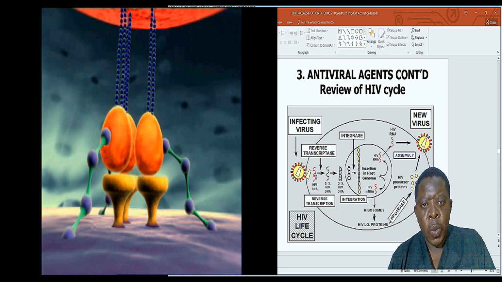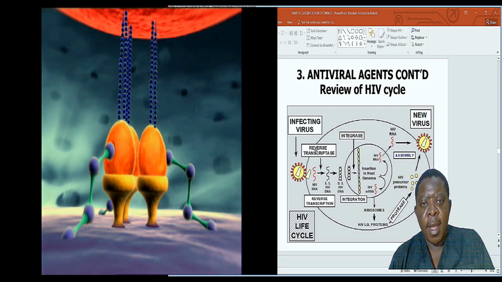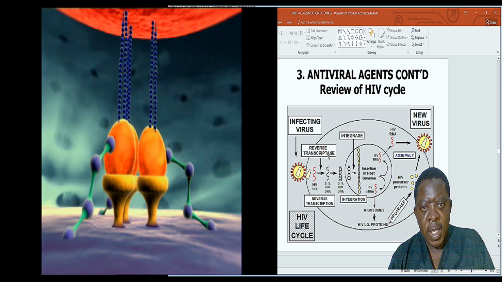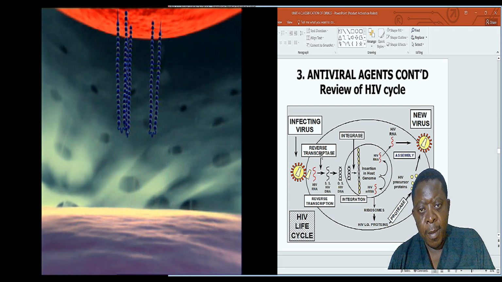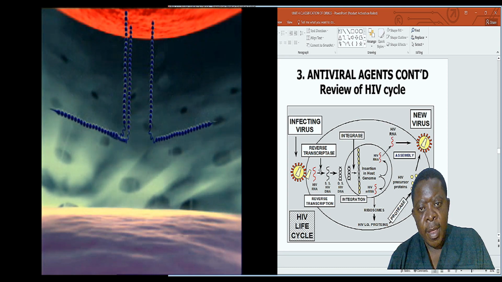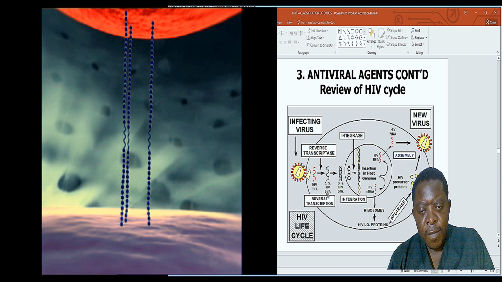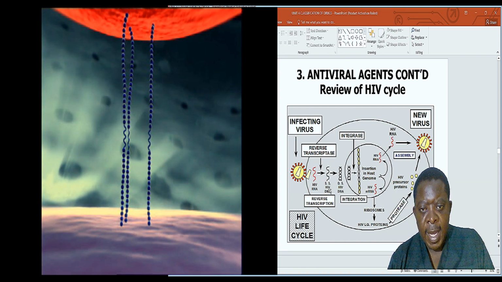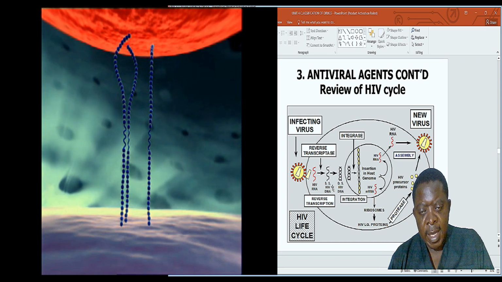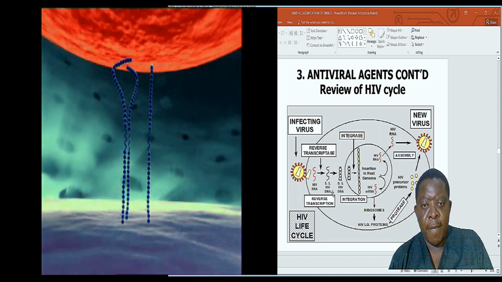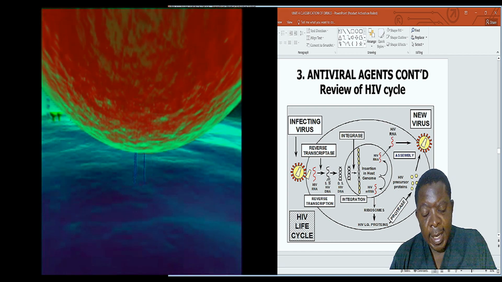So when this HIV RNA has been released, with the help of the reverse transcriptase, this arrow is showing that the HIV RNA will be converted into the HIV DNA, or it will be synthesized to come up with the HIV DNA.